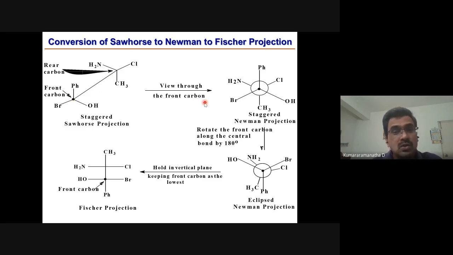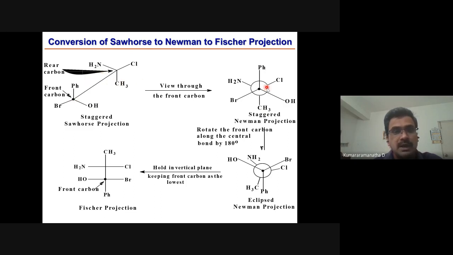Then if you view from the front carbon and want to make a Newman projection, keep a dot and keep the other functional groups: phenyl, bromo, and hydroxyl group. Now you see phenyl and methyl groups are in opposite positions, front carbon to rear carbon.